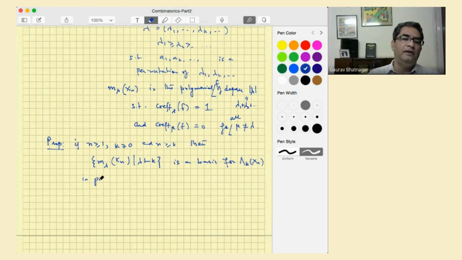So in particular, the dimension of lambda k of xn is equal to p of k, the number of partitions of k. So n is the number of variables, and this is a partition of k.